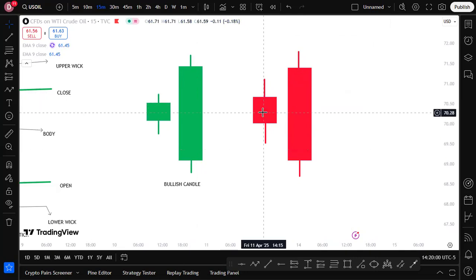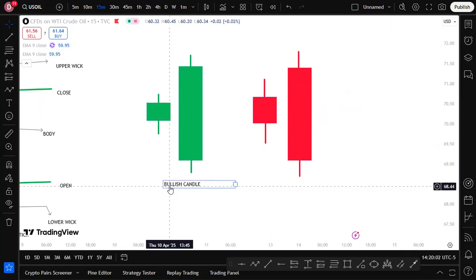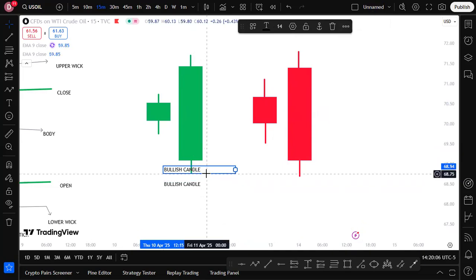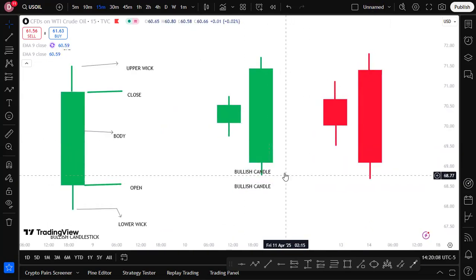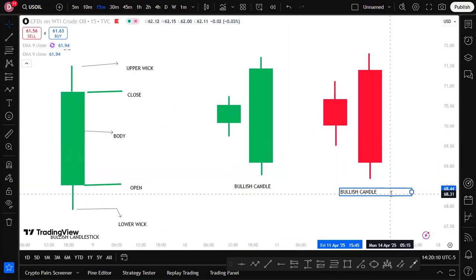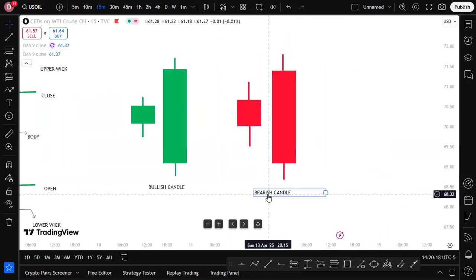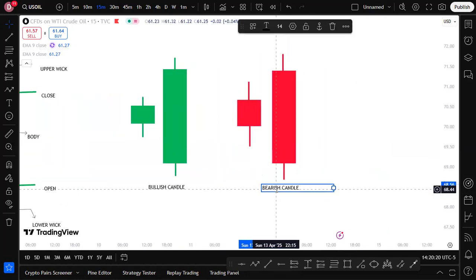You can see these are just examples of different ones. Here is a bearish candlestick. So as I told you, candlesticks have different body sizes.